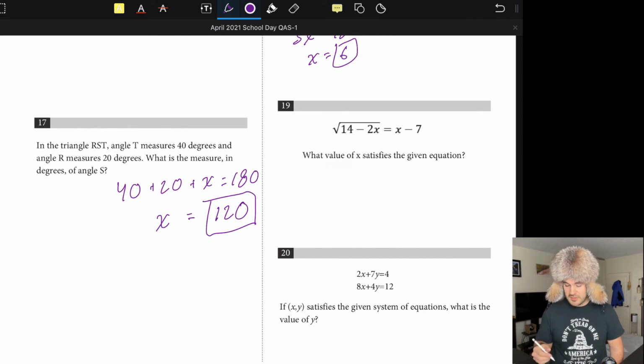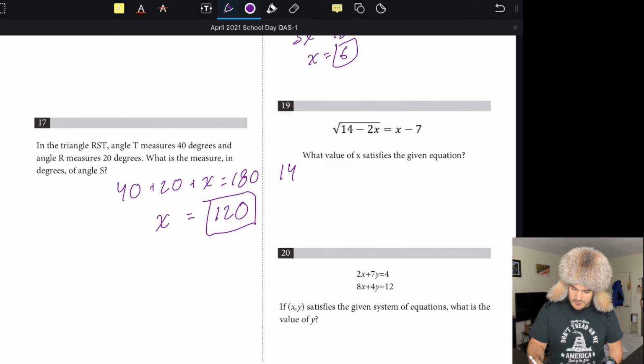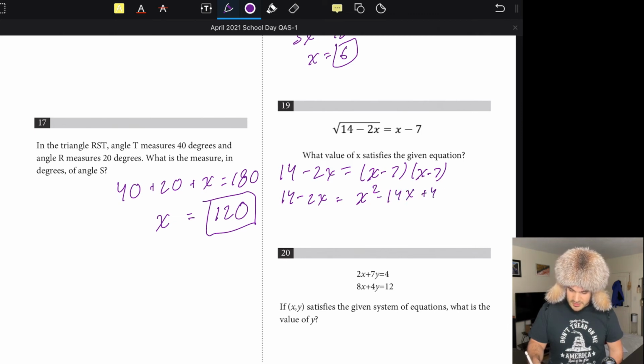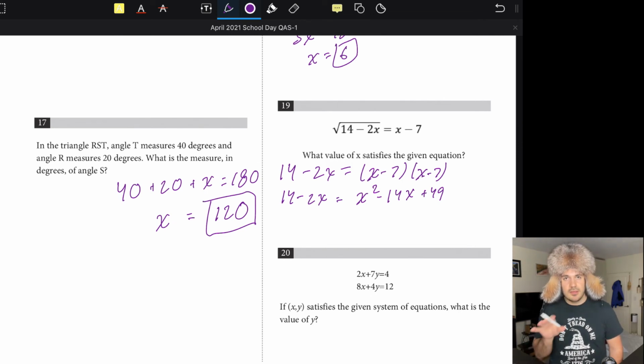So we've got a square root sign, we've got to get rid of it. Square both sides. If we square both sides, we're going to get 14 minus 2x equals x minus 7 times x minus 7. So 14 minus 2x is going to be x squared, just FOIL it out, minus 14x plus 49. Get this thing set equal to 0 so you can factor it.